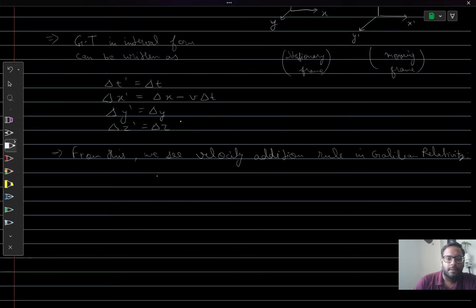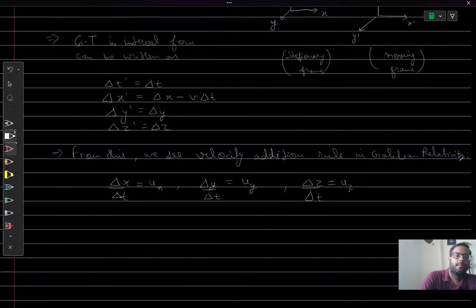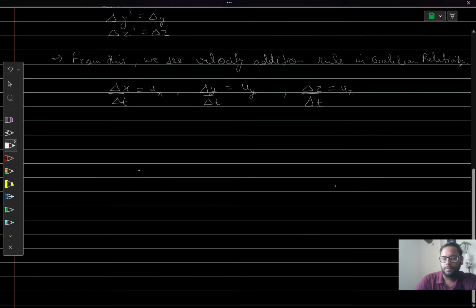You just define some coordinates, some definition like velocity in the x direction, and sorry, this should be the prime, the t coordinate. You define it like this, and in the prime coordinates, similarly, you just prime all the variables.